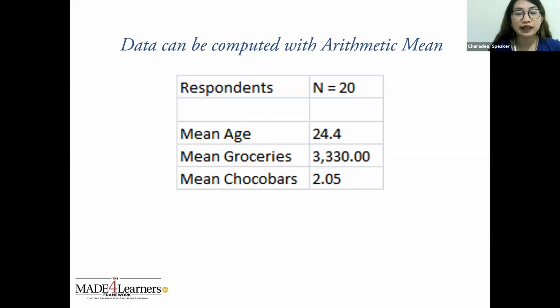Now, what is the advantage of doing average? Any idea? Why is it important to get the average, or what is the difference with getting the average rather than the count? For example, in the mean chocolate bars, there were answers of 1 and 2, and most of them answered 2 rather than 1. So why not use 2? Why compute it as 2.05?